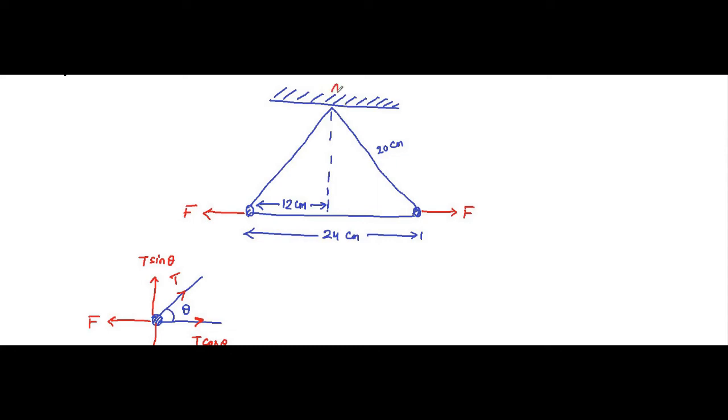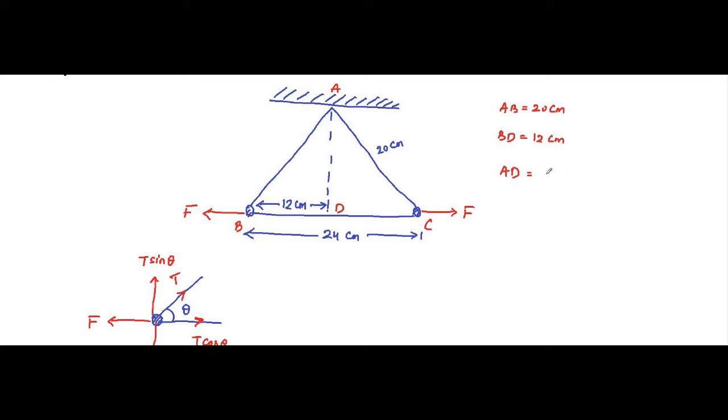Now let us assign the points because we will be needing them. Let's call it A, we call it B, this point C, and this midpoint D. Now here, this is a right angle triangle ABD. So here AB is 20 cm, BD is 12 cm. We have to find AD.